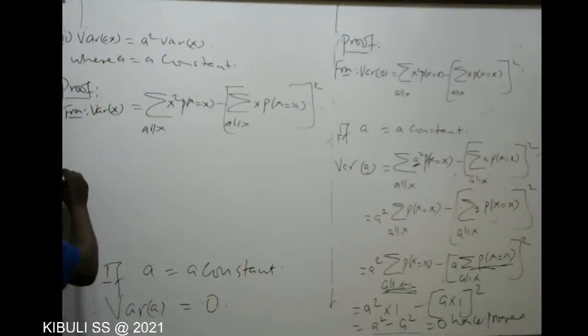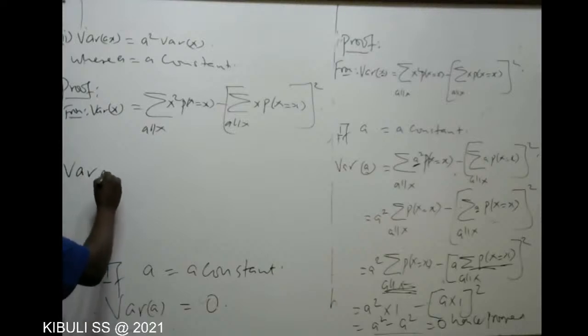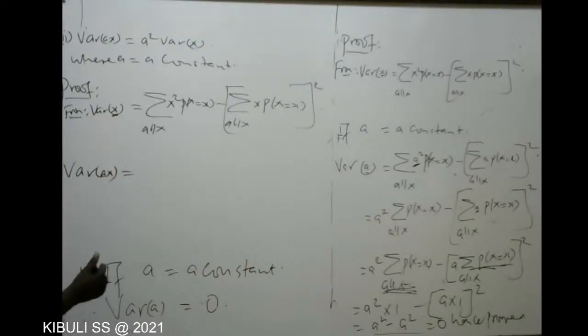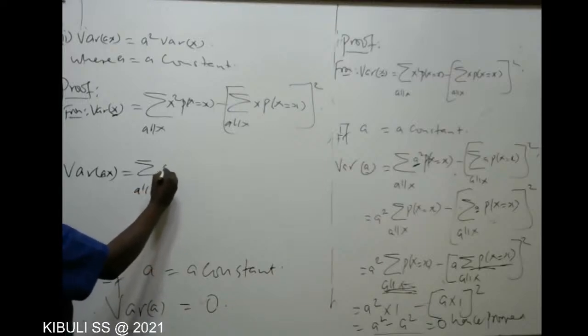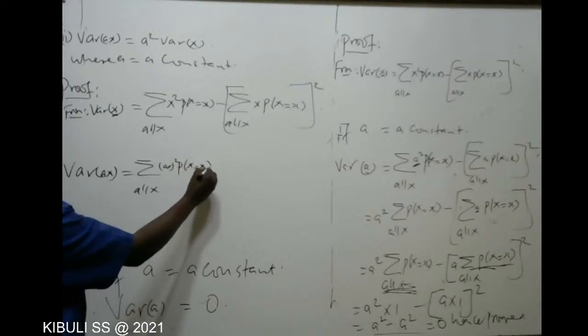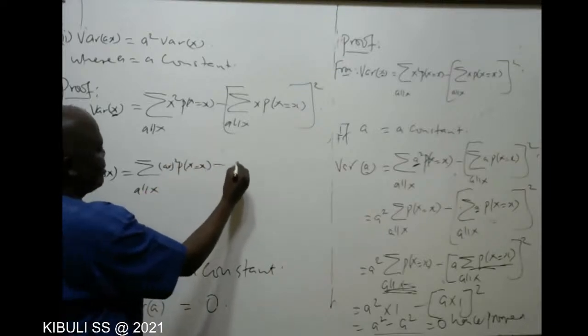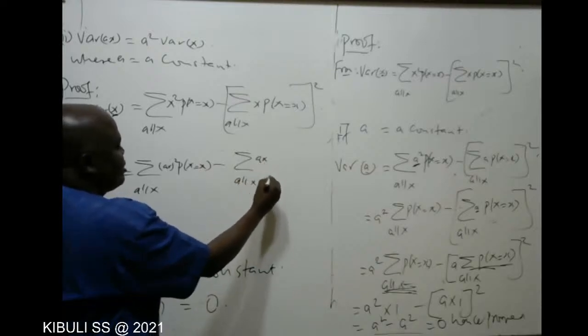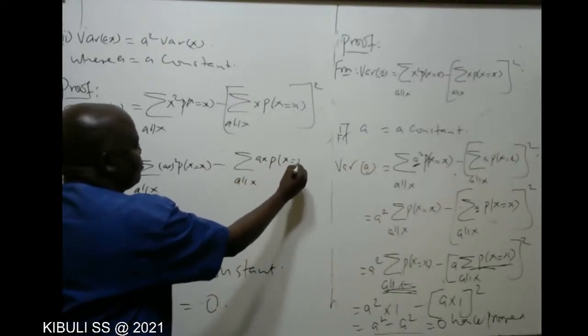So the variance of ax shall be equal to the same process. Where you get x here, we substitute ax. So that will be equal to the sum of all of x, ax, this part will be squared, probability of x is equal to x, minus the sum of all of x, this is ax, probability of x is equal to x.